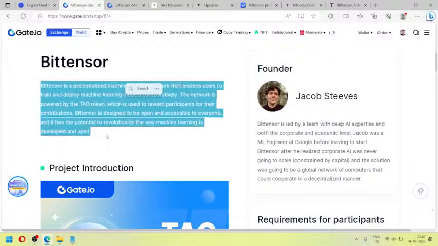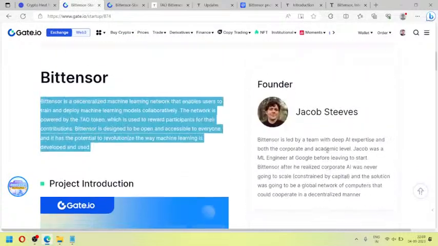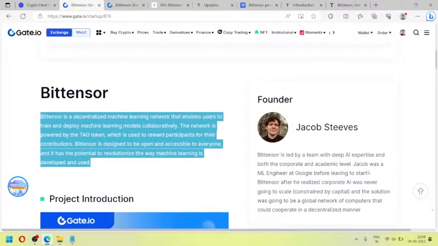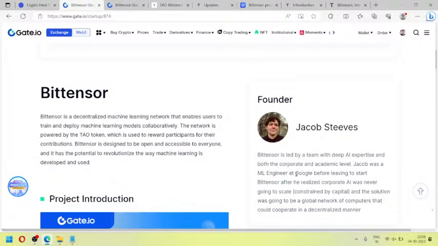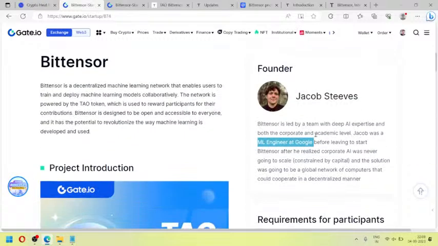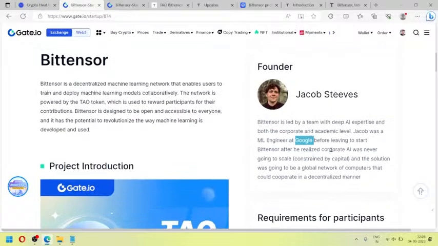He is an AI expert at the academic and corporate level. Before he started Bittensor, he was an ML engineer at Google, with experience there.